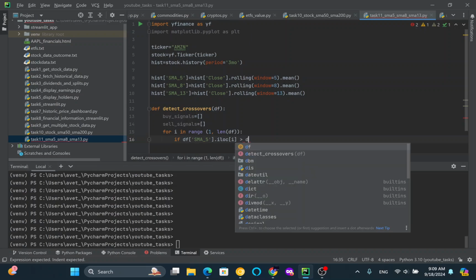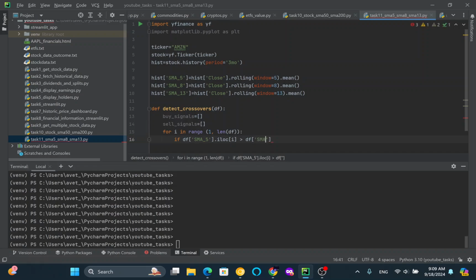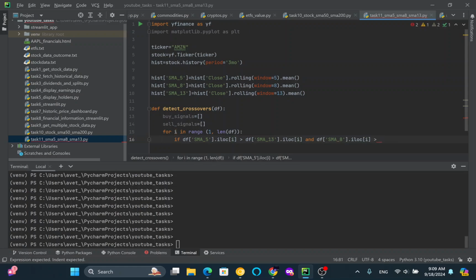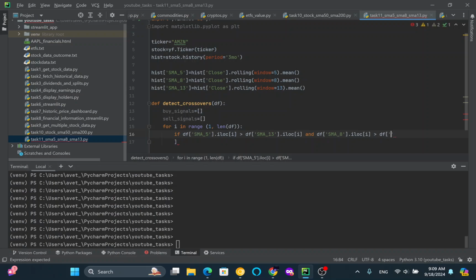If df SMA5 iloc i is more than df SMA13 iloc i, and df SMA8 iloc i, as we understood, should also be above the SMA13, so iloc i is above df SMA13.